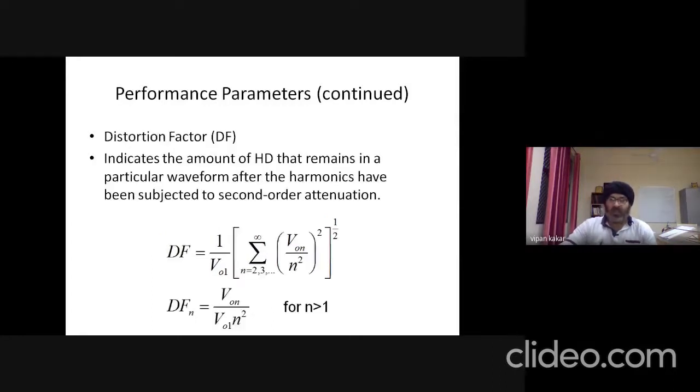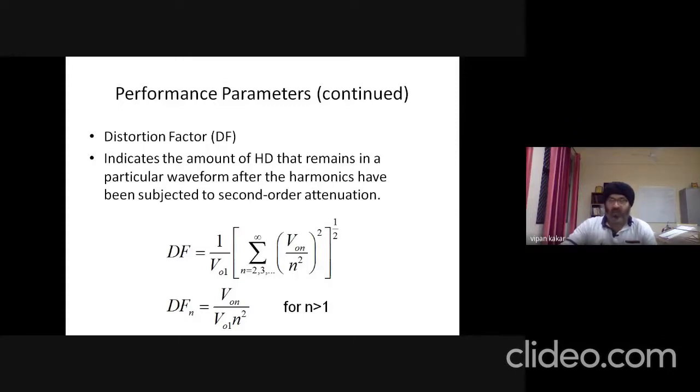Then the distortion factor indicates the amount of harmonic distortion remaining in a particular waveform after the harmonics have been attenuated. Attenuated means they have been suppressed or filtered out. First the harmonics are calculated and then techniques are applied to suppress or remove them by filtering.